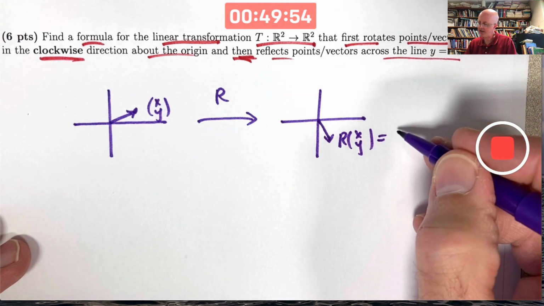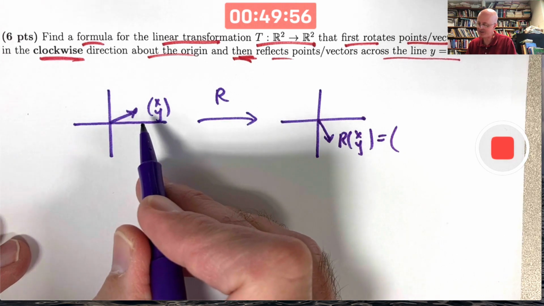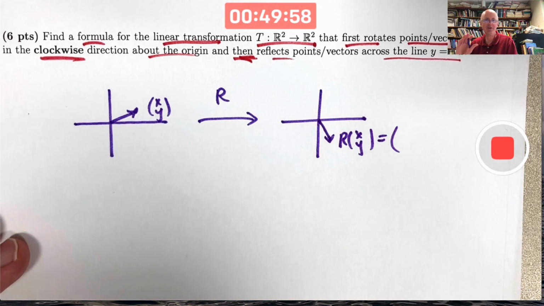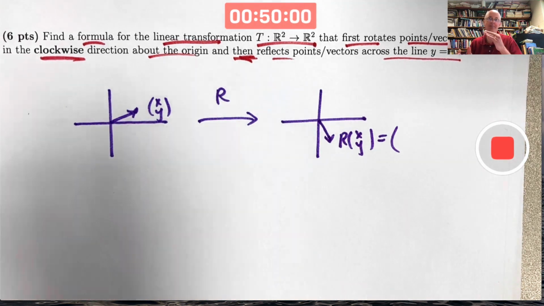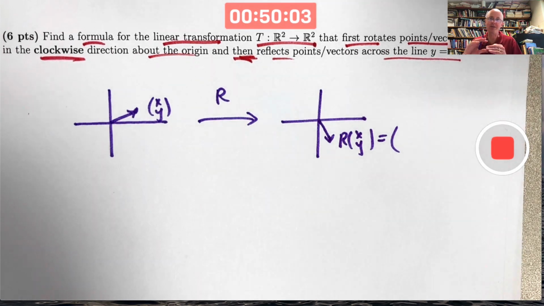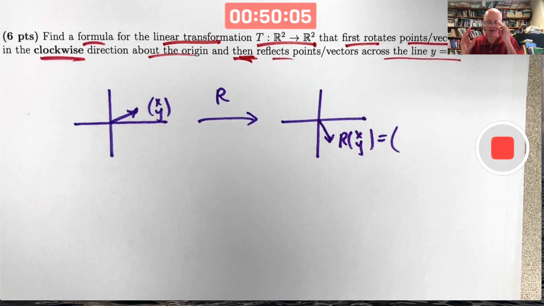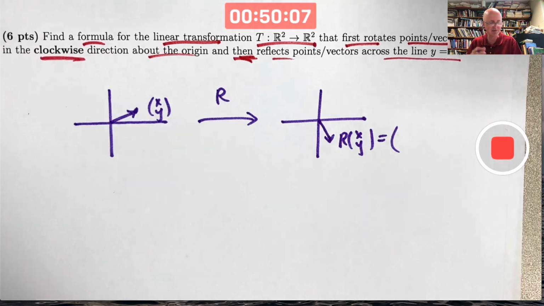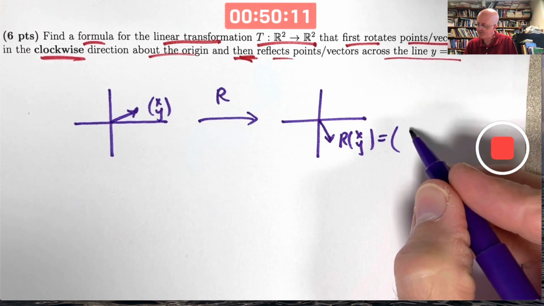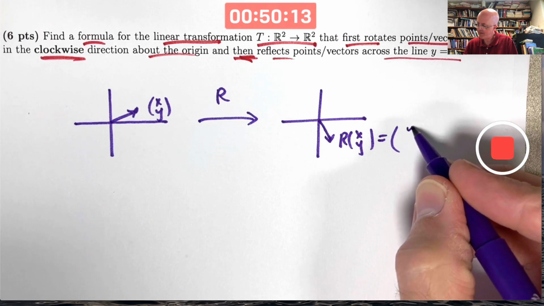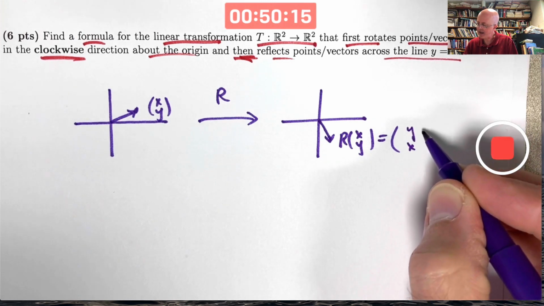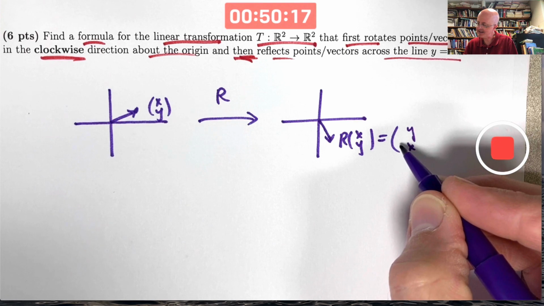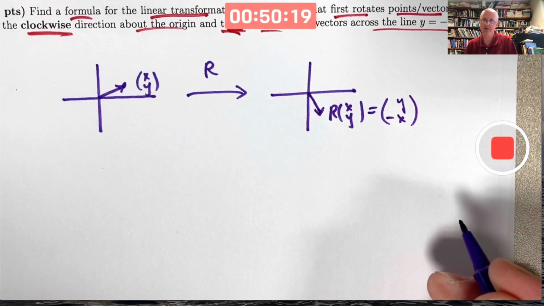And if you're careful in thinking about this, at least for this particular example, well, I've taught my students that if you rotate by negative 90 degrees, or 90 degrees counterclockwise, what happens is you swap the coordinates and you put a negative sign in front of the first one. Here you swap the coordinates, the x and the y, and you put a negative sign in front of the second one, is the formula.